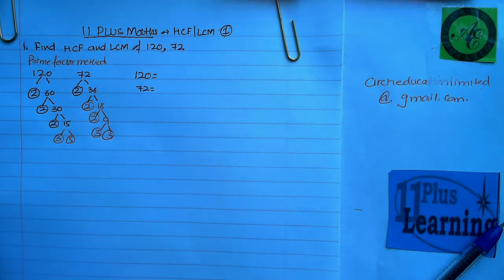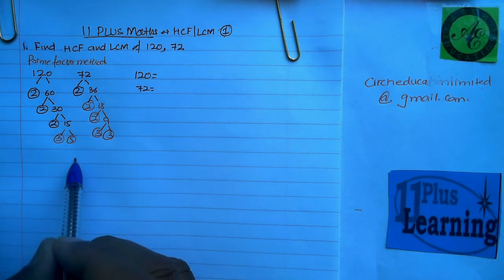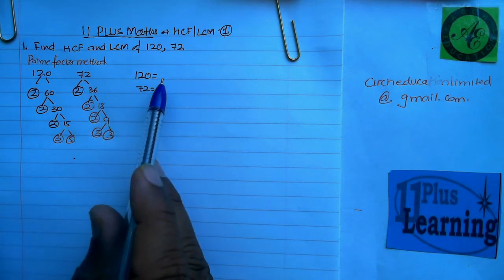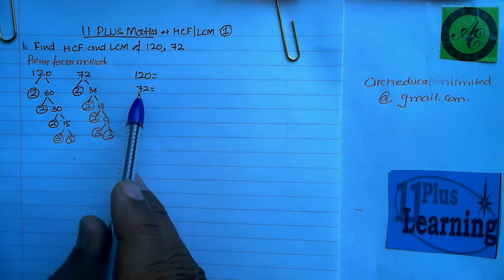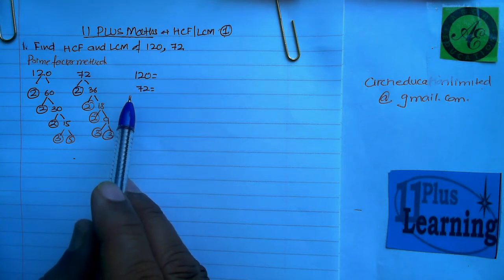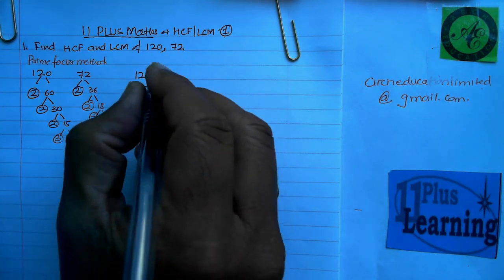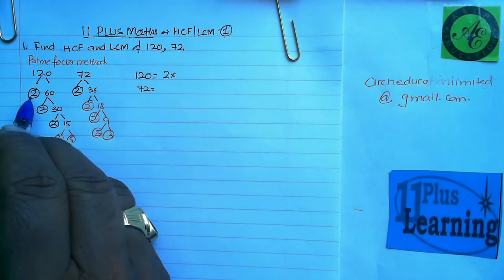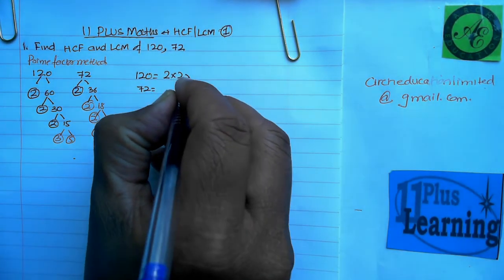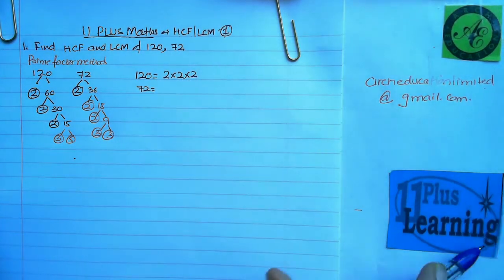So after completing the prime factor tree, we write these factors as a list, and we write each number as a product of its prime factors: 2, times this 2, times this 2, and so on.